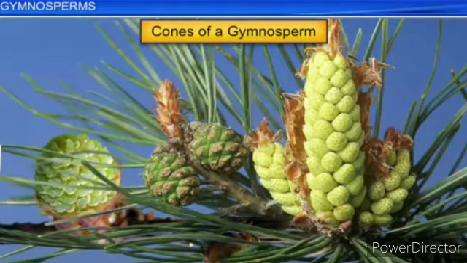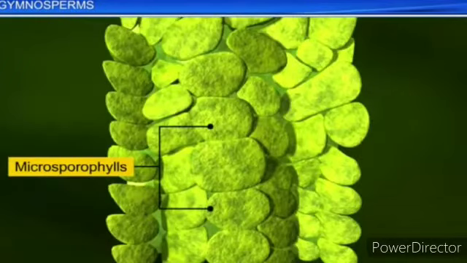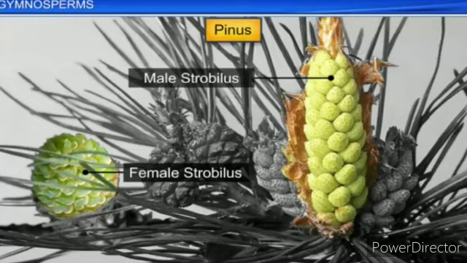The tip region contains a cone-like structure. The sporophylls are present. The strobili bearing microsporophylls and microsporangia are called microsporangiate or male strobili. The male structure is called male strobili or the cones or microsporophylls.